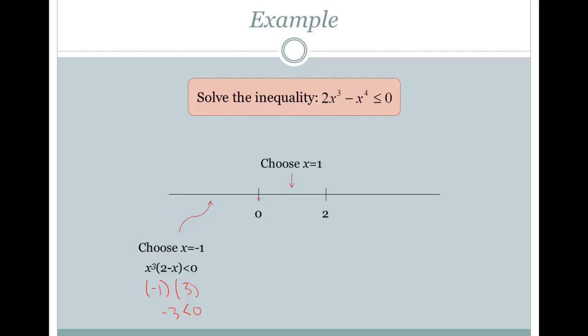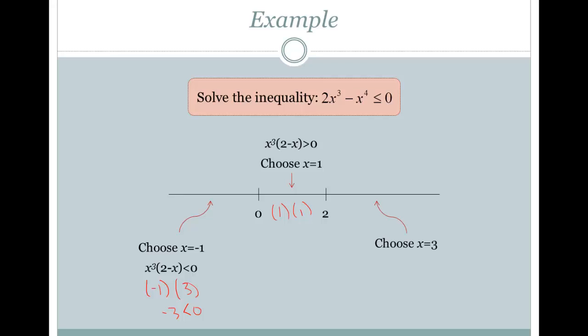If I pick a number in between 0 and 2, let's say I pick 1, here I'm going to get x cubed is equal to 1. 2 minus 1 is 1. So I get 1 in there. And 1 is certainly greater than 0. So I'm not going to be true in this region right there. And then I have to look at greater than 2.